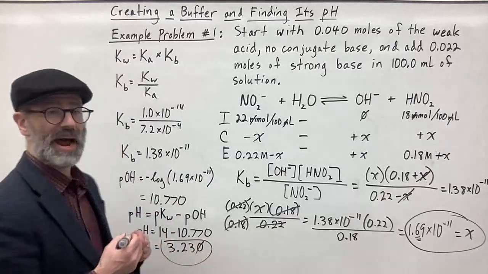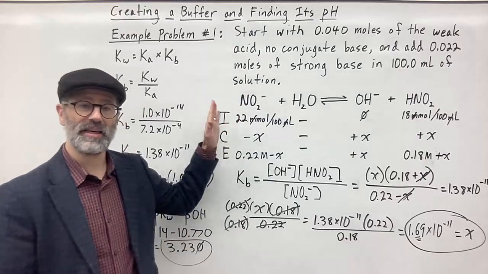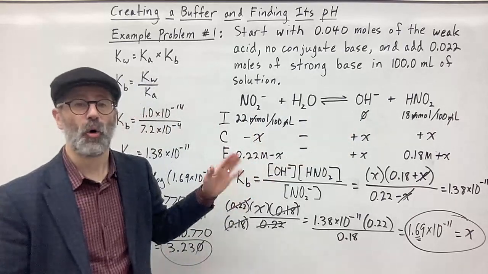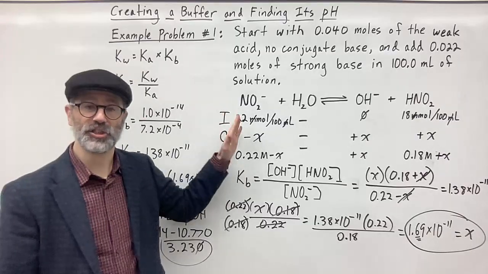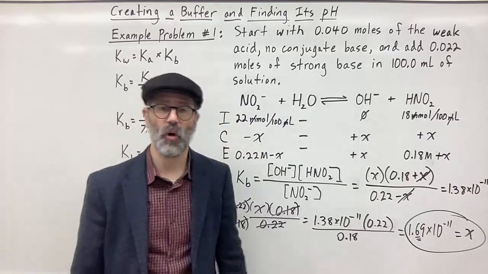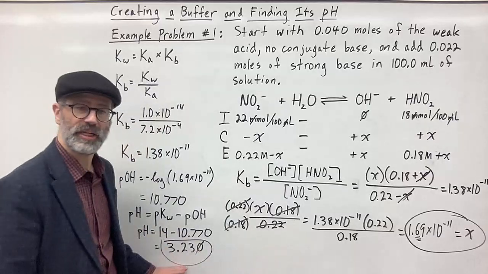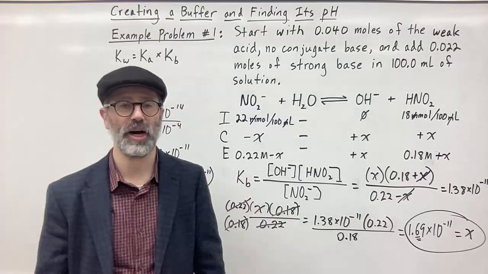So it doesn't matter whether you do the weak acid reaction with water, or if you set up your ice table with the conjugate base reacting with water. Either one will get you to the right pH. I just wanted to show that so you're not confused.